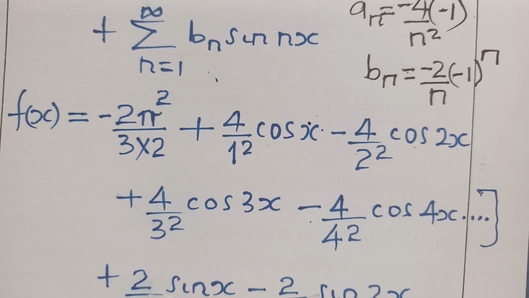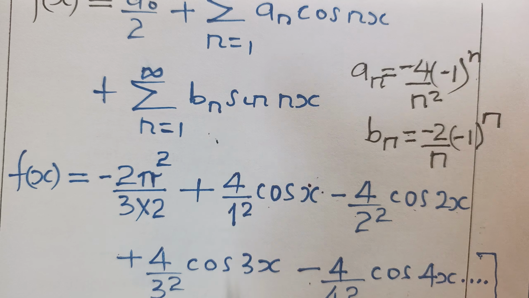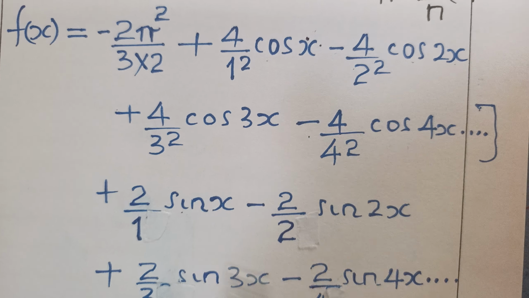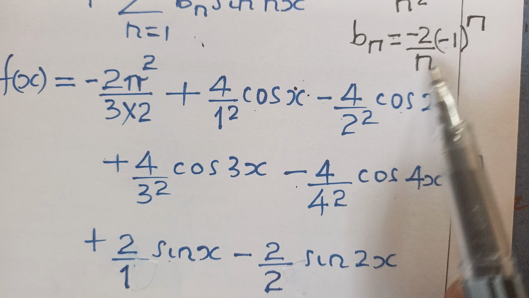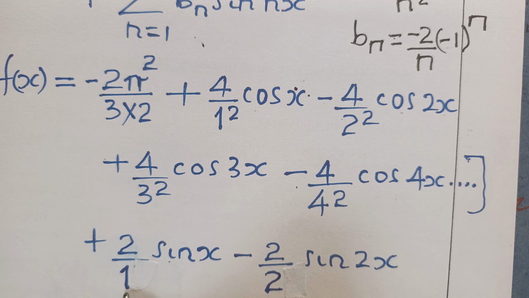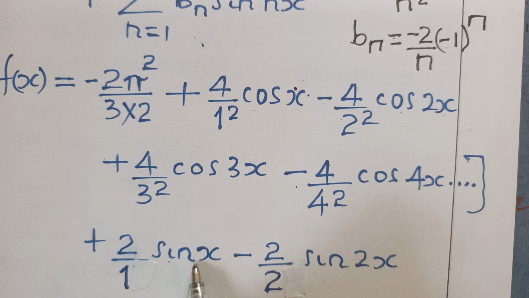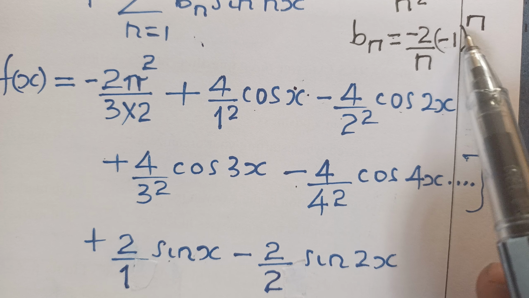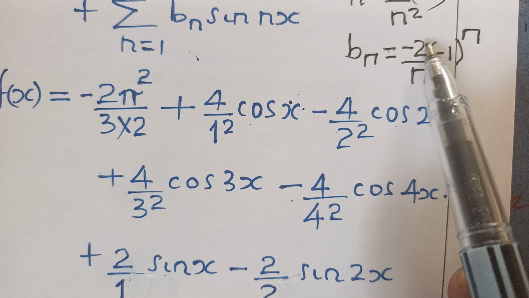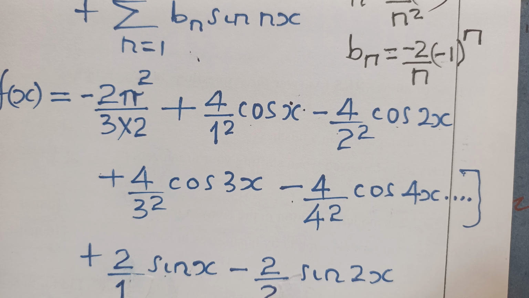And then we now come to Bn. For the Bn, it's right here, we put negative 2, negative 1 raised to n all over n. Starting with 1, we shall have 2 all over 1 sine x. Remember here we have 1. Now minus 2 all over 2. And when you say 2, this one becomes negative. And this one we have 2 only there, sine 2x, like that.